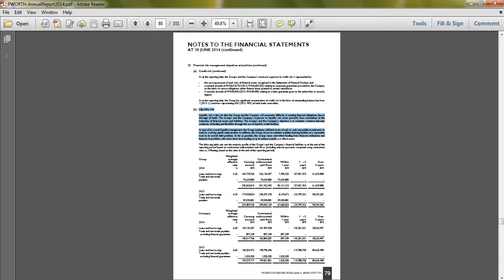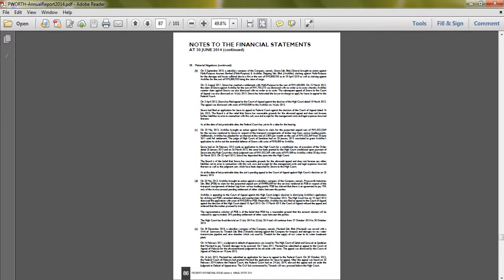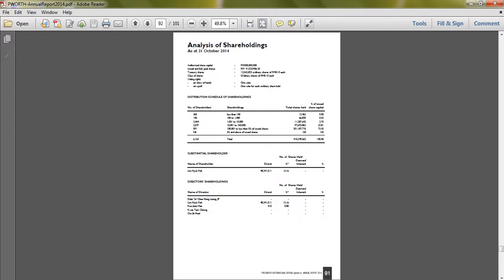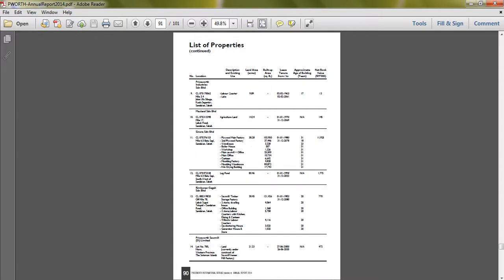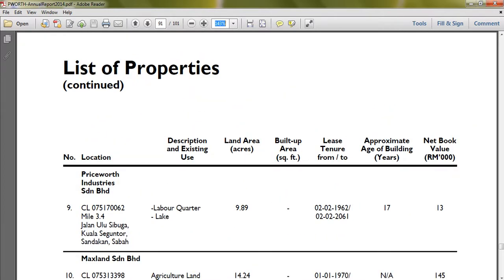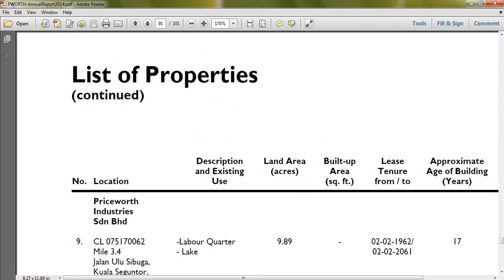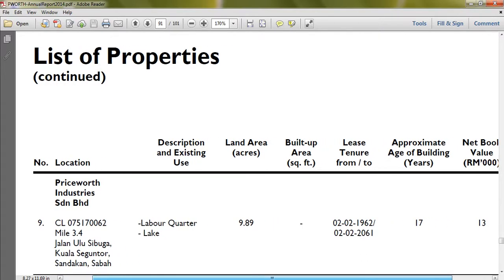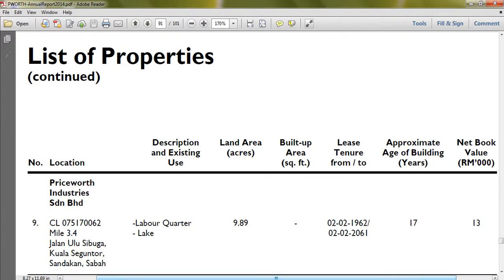Yeah, they mentioned a lot of things. Just have a look at this one, list of properties. Yes, these are the things that we need to look at as well. 170, and then go slightly to the right.